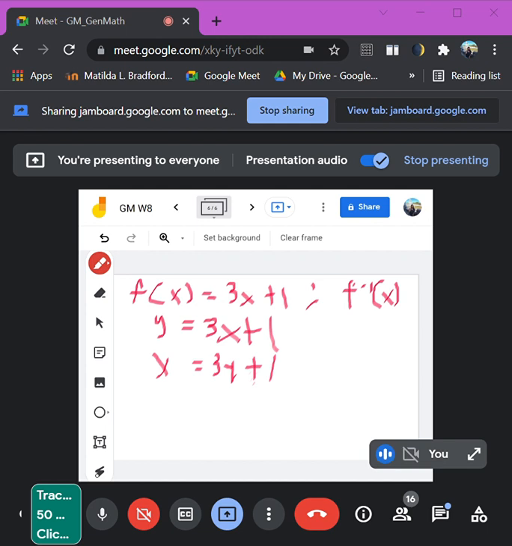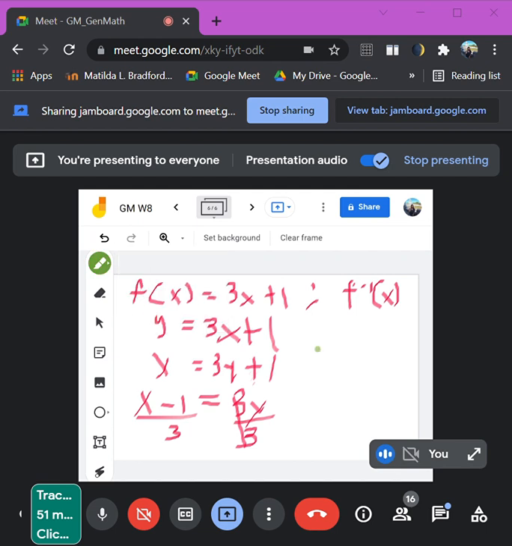And the next step is, di ba, ang goal ani is y man. Atong himuon siya in terms of y. So, atong isagol ang x ug ang whole number. So, you will have there, x minus 1 is equals to 3y. Okay? And then, we are going to divide both sides by 3 para ang mabilin diri is y na lang.